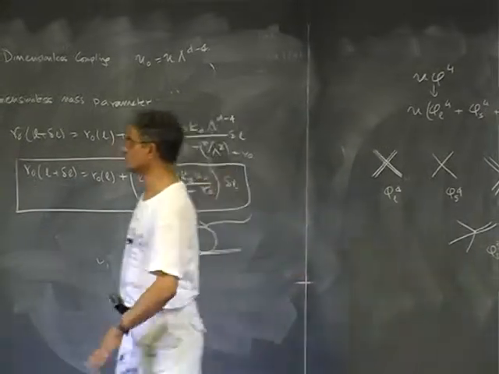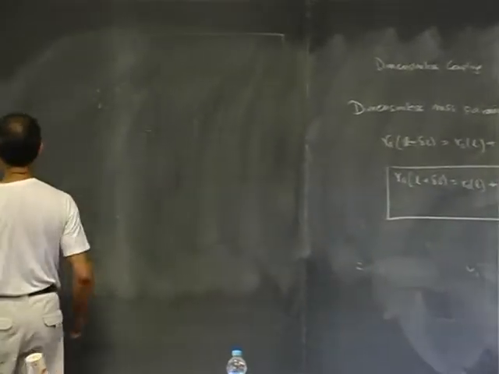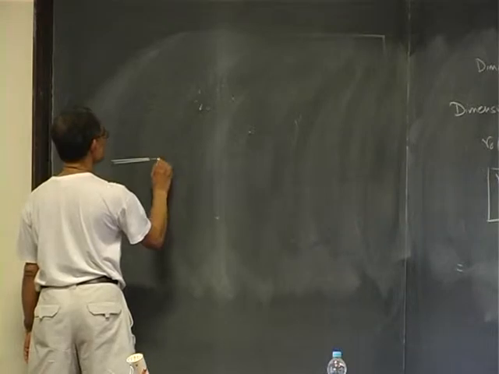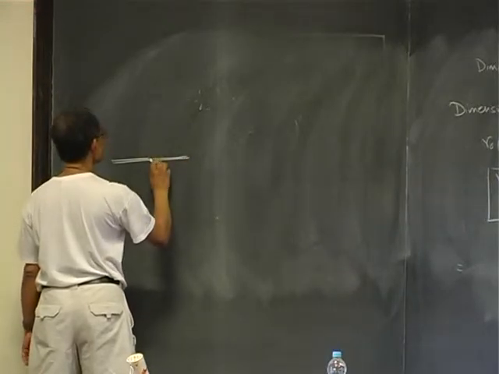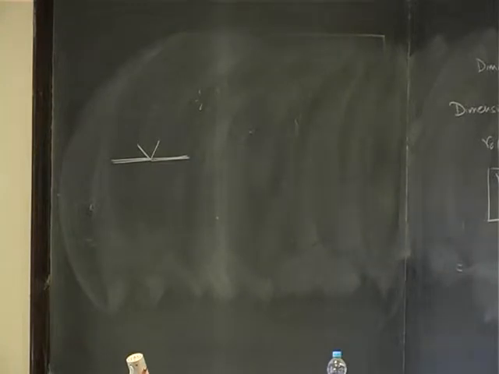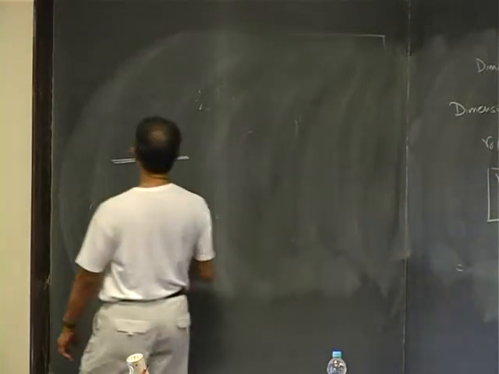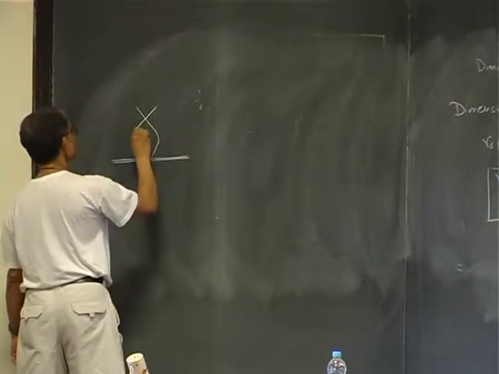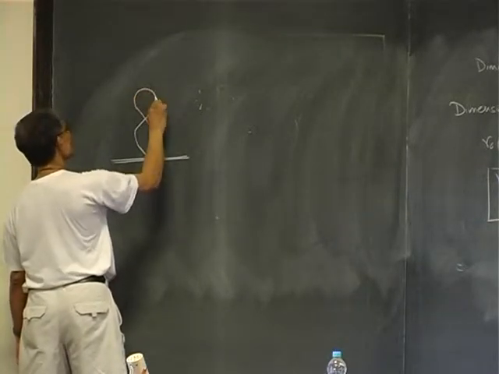For example, there could be a term with two double lines and one vertex. I take this and join it with that. I have to join, right? So I join like this and join like that.